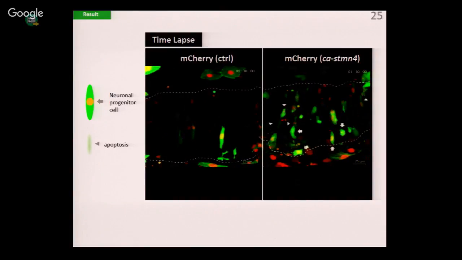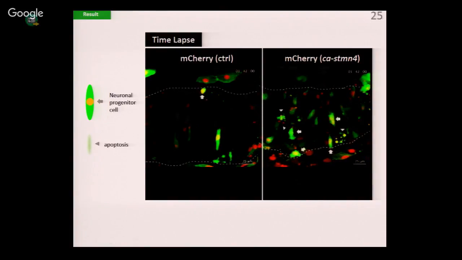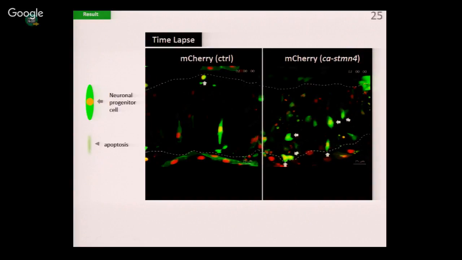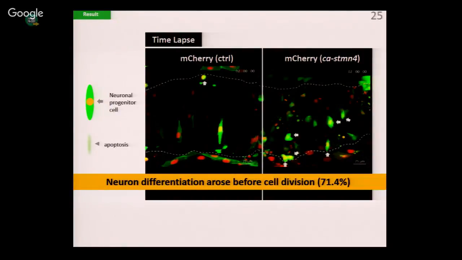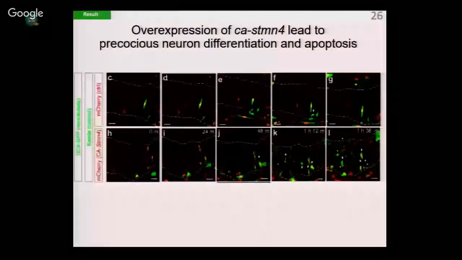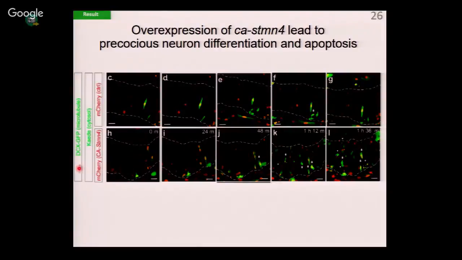Through time-lapse investigation, they also found that approximately 71.4% of cells underwent neuronal differentiation before cell division. Let's have a close look at the snapshots of the time-lapse result. DCX GFP still represents microtubules.